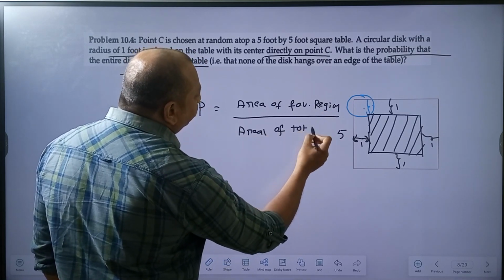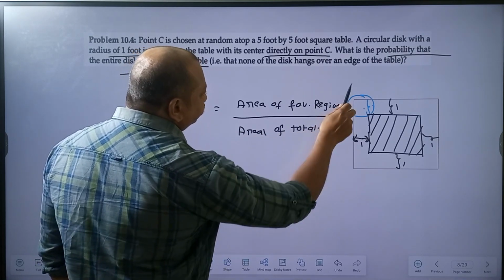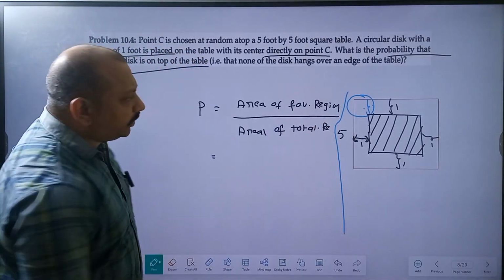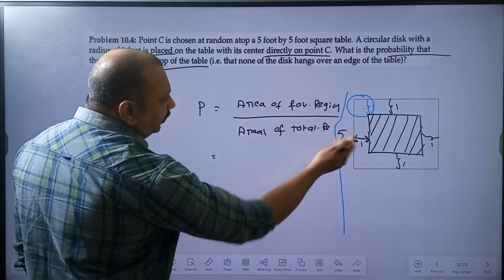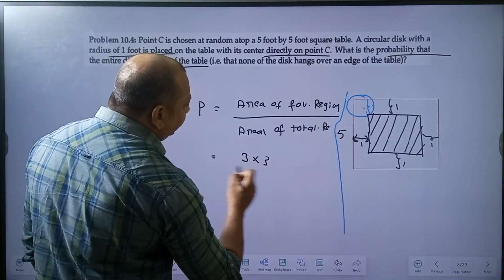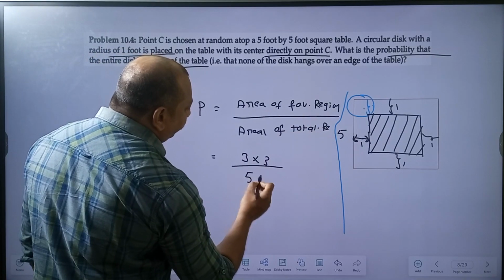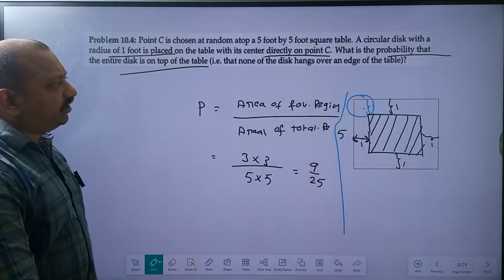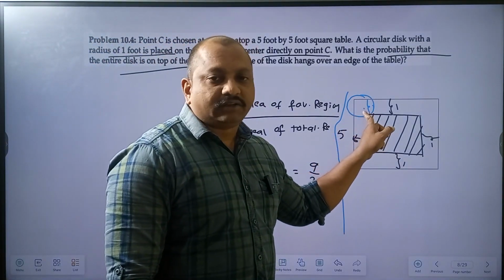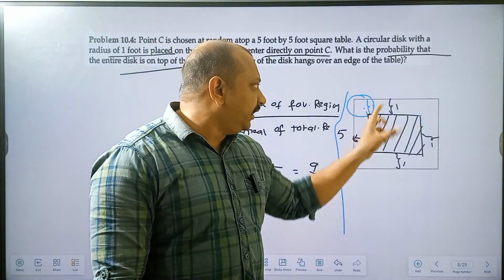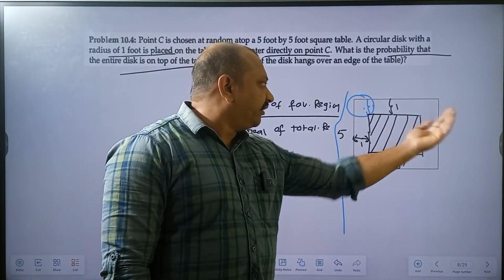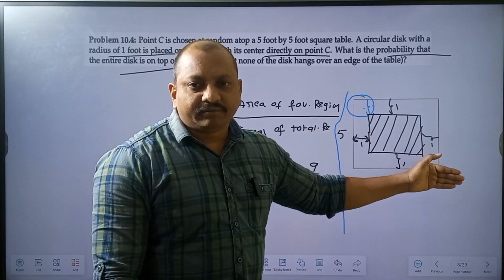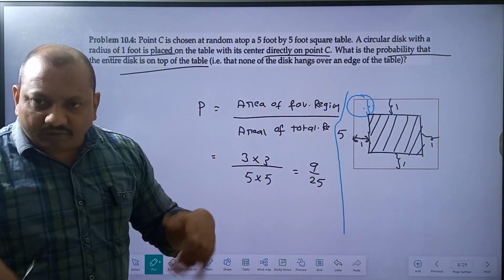Until now we considered length since it was 1-dimensional. The area of the favorable region is 3 into 3, divided by the area of the total region, 5 into 5, which is 9 by 25. The only identification needed is the location of the center: 3 units below this line, 3 units left, 3 units above and 3 units right. Then the entire circle will be on the square.